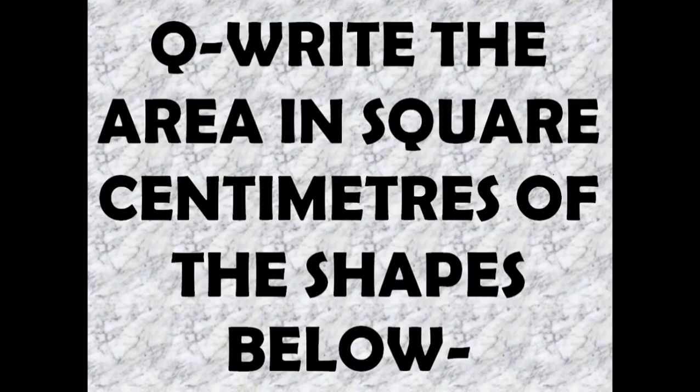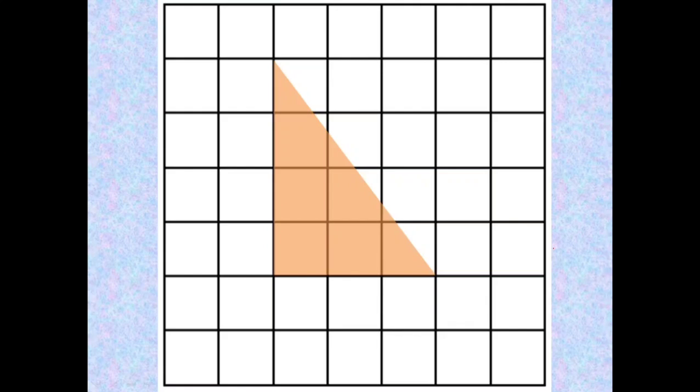So let's read the question now. Write the area in square centimeters of the shapes below. That means each side of the square in the square grid is of 1 centimeter. Or in other words, we can say the area of each square in this grid is of 1 square centimeter.